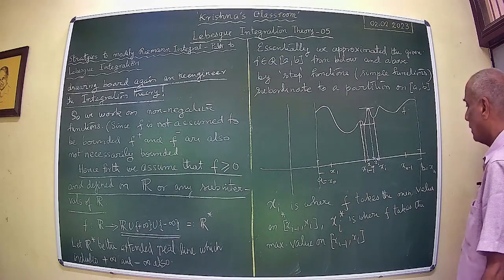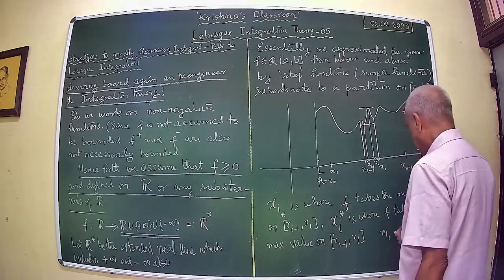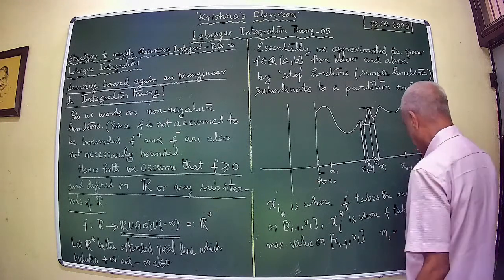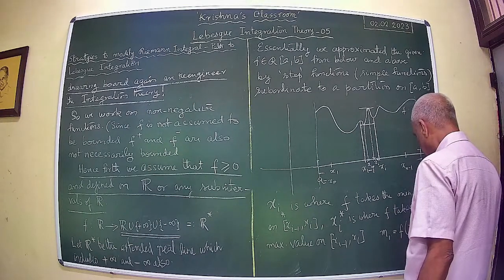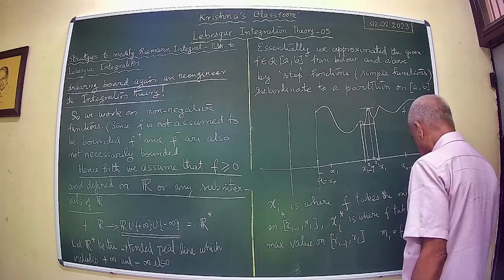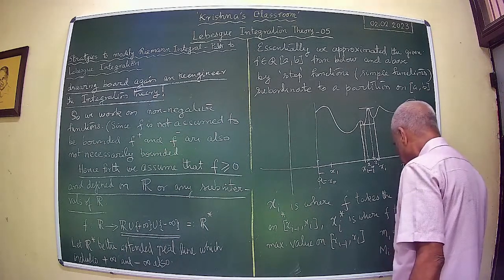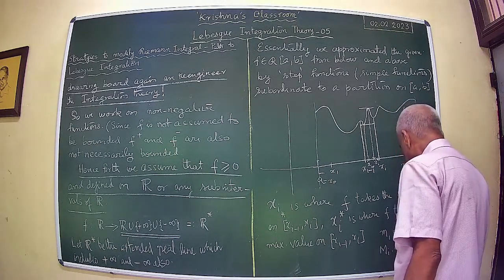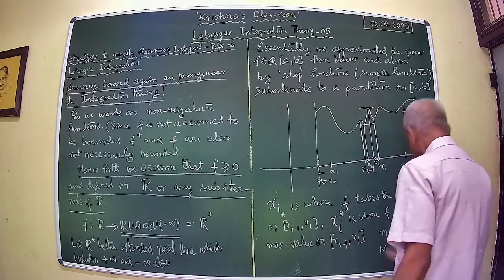Okay, and we had m_i star, m_i defined as f of xi sub star and f of xi star.